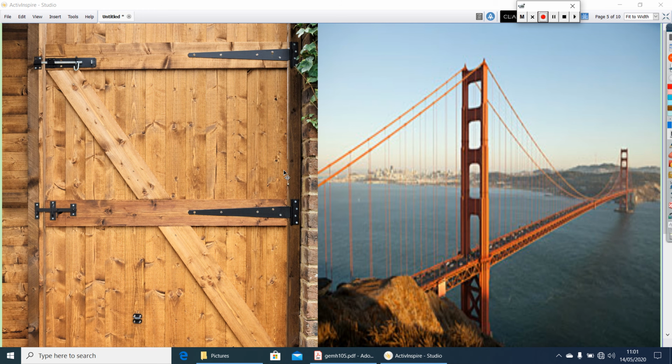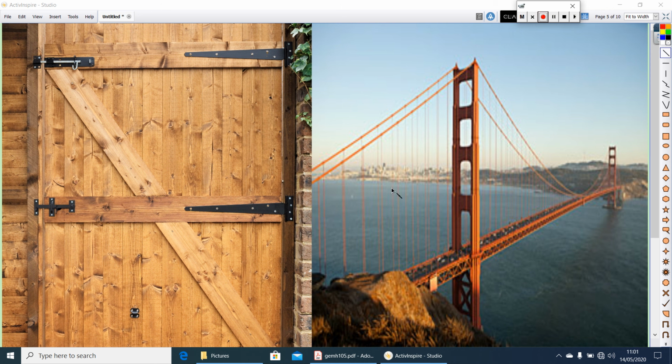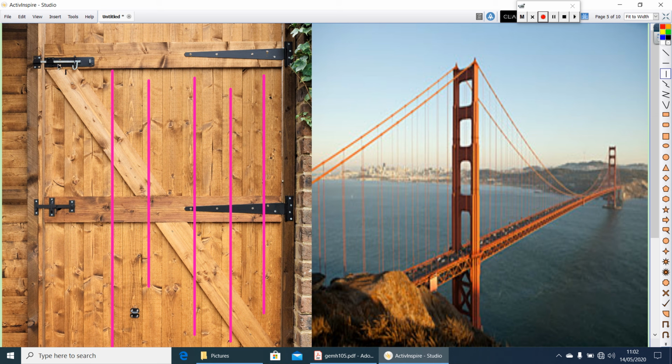Here you have two pictures. One is a wooden door, another is a bridge. Here you can notice so many planks. Many planks are there, intersected by a single plank.